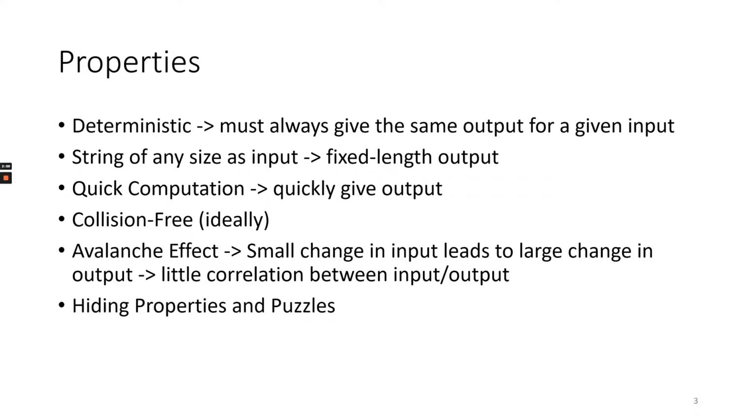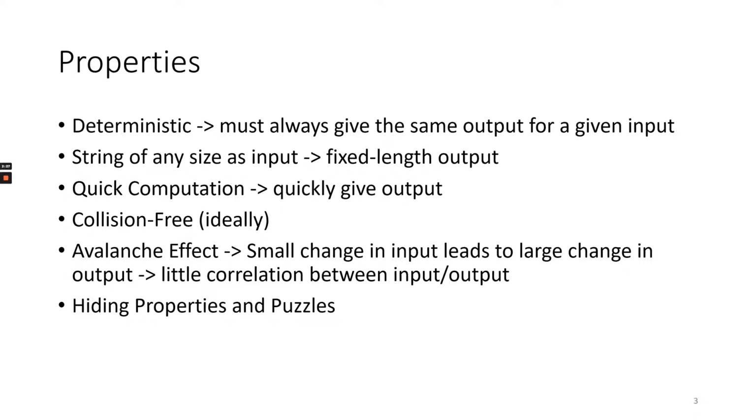We would also like the computation process to be quick. We would also like hash functions to be collision free. As for what this exactly means, we will get into this shortly in the lecture, but for now, just as a general idea, we don't want different input values of the hash to give us the same output value, and this will have consequences that we'll see later. We would also like our hash function to exhibit an avalanche effect.